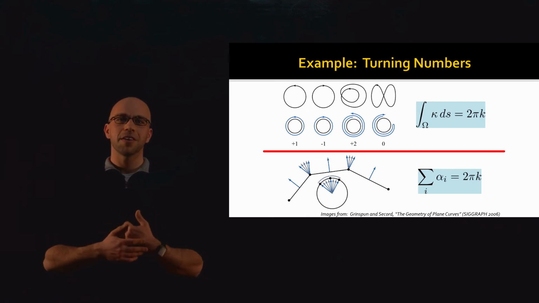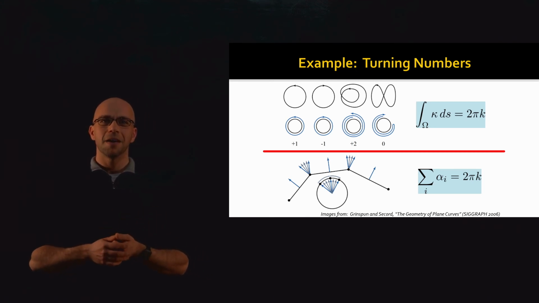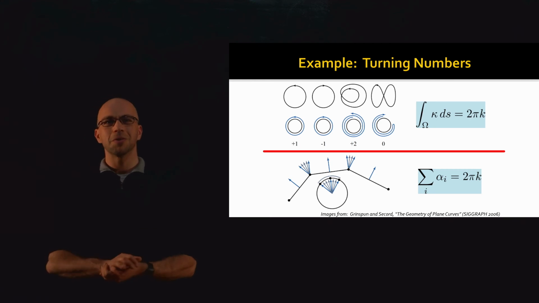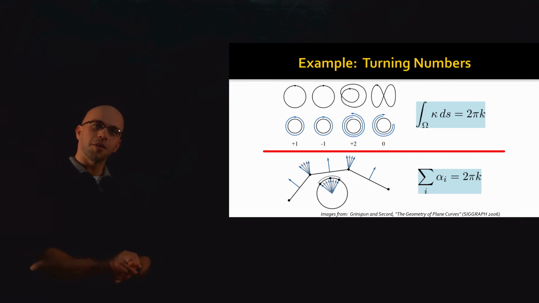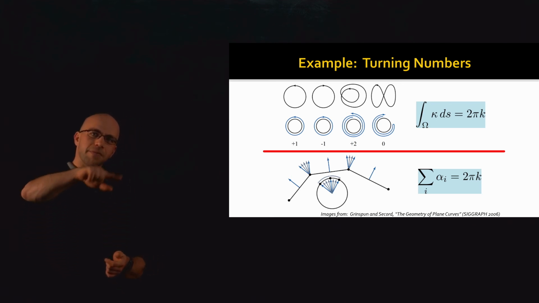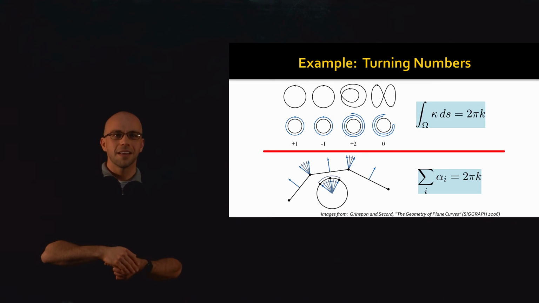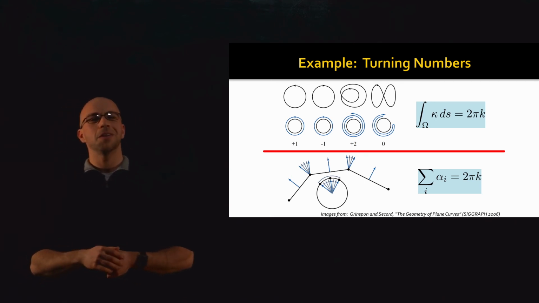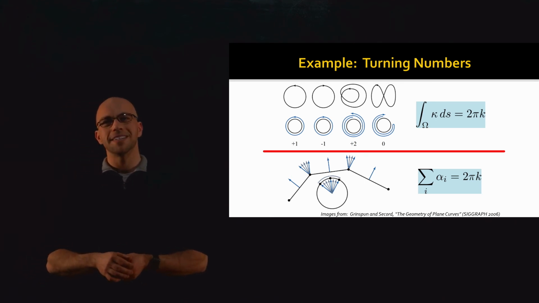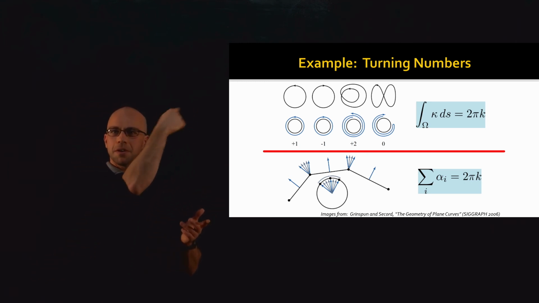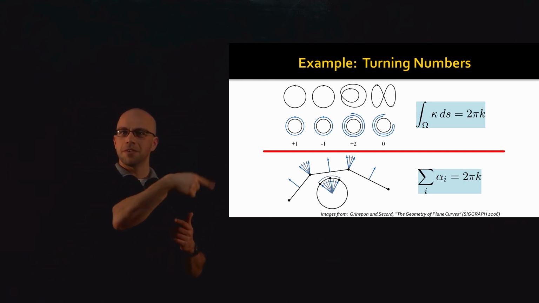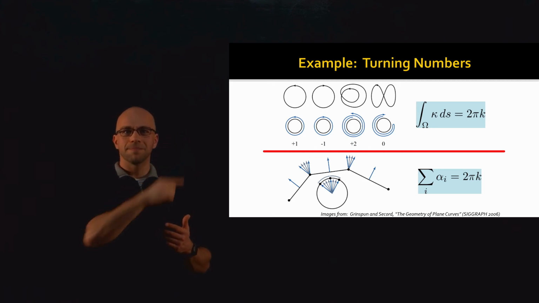But curvature satisfies a really interesting property, which is the turning number theorem, what I'm showing you on the slide here. At a high level, what the turning number theorem says is if I take the curvature of a curve and I integrate it along the entire curve, what I get is actually a topological invariant called the turning number or the winding number. That's what I'm showing you on the top of the slide here. Essentially, the turning number of a curve is the number of times that it loops over itself before it meets up again.